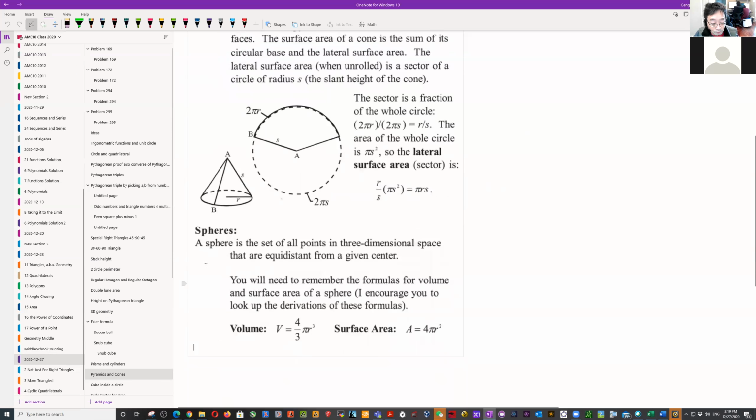And then we have the sphere formulas. The surface area is extremely easy to remember. It's just 4 pi r squared, because the big circle on this is pi r squared, and it takes 4 big circles to cover the full surface area of a sphere. Then the volume is 4 pi r cubed divided by 3.